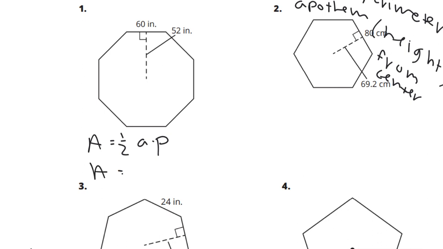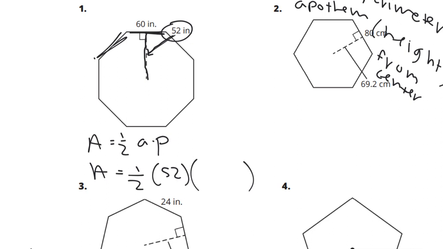So the apothem here is the height from the center, and they give us that height. This is like a little arrow. The height is 52. So 52 times the perimeter. Remember that the perimeter is the number of sides times the side length. So I have 1, 2, 3, 4, 5, 6, 7, 8.